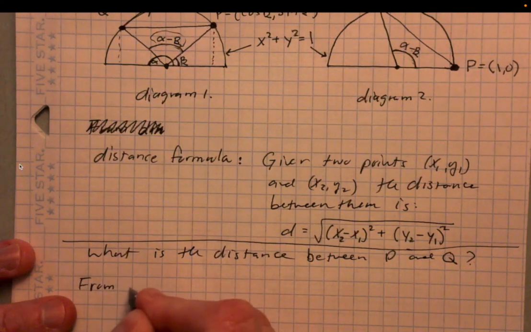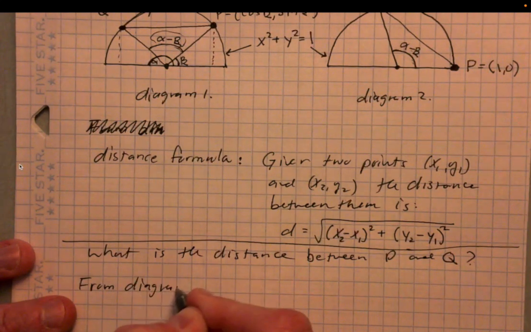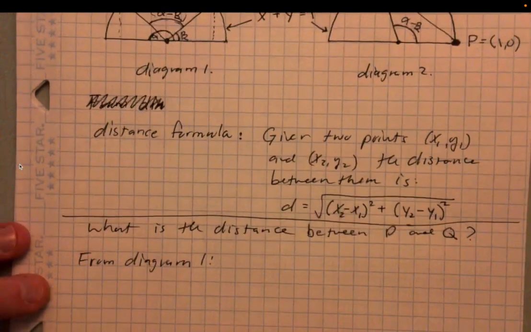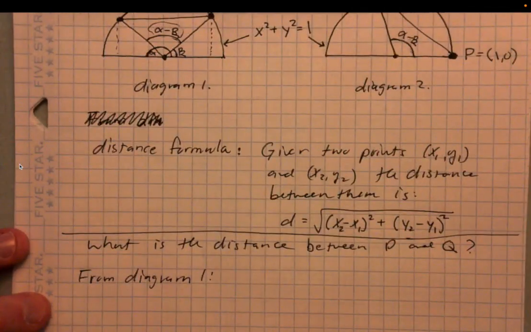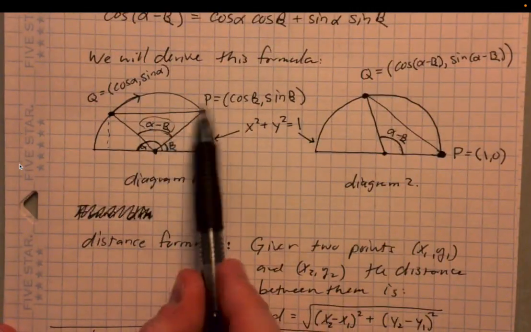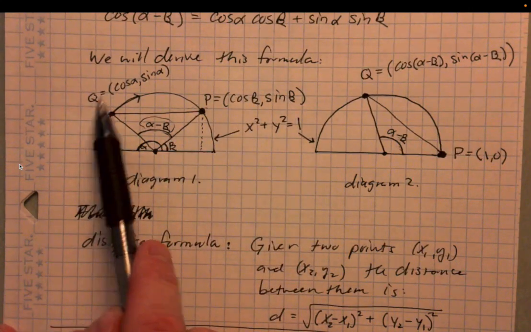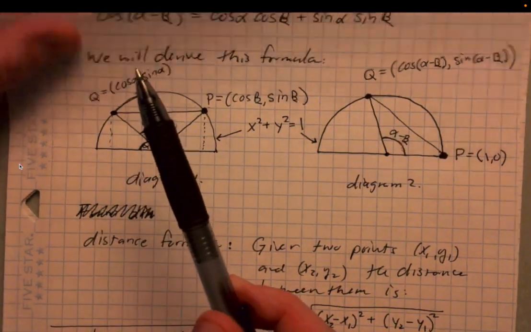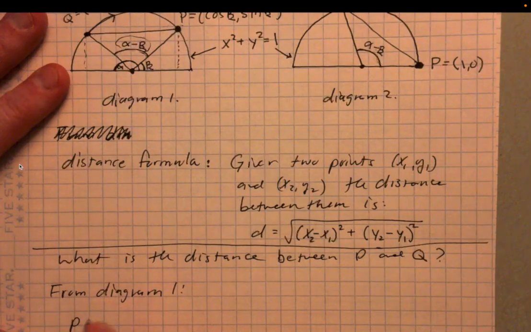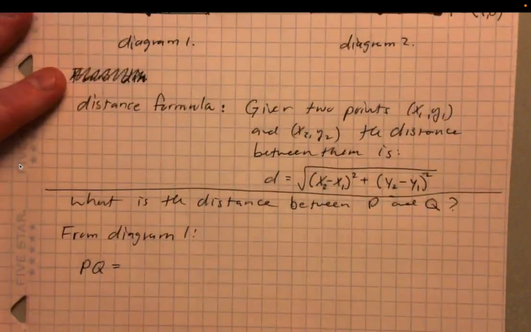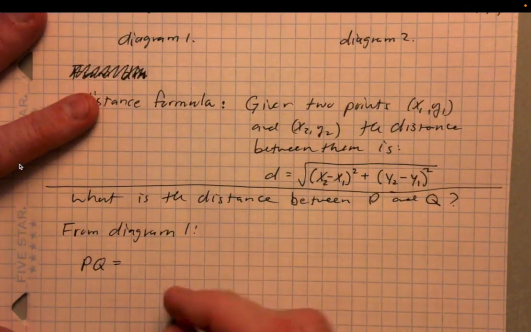So from diagram 1, right, what's the distance between P and Q? Well, I know the coordinates for P, it's cos beta, sine beta, and I know the coordinates for Q is cos alpha, sine alpha, right? So PQ, I'm just going to write it like this, and we know that that means the distance. It's going to be equal to cos alpha.